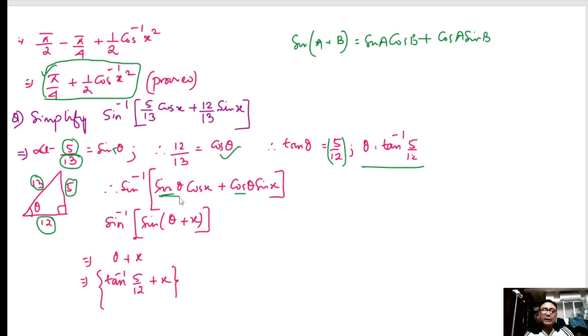So sine inverse and sine cancel. So it is theta plus x, and instead of theta we are replacing it. So this is our answer, our simplification. Clear?